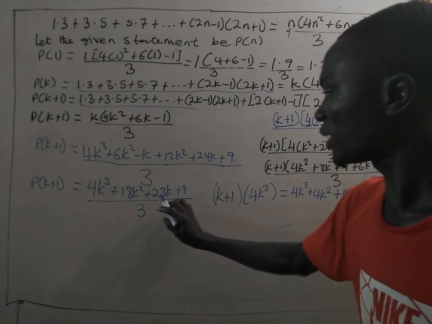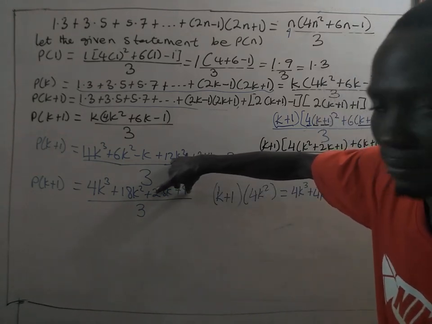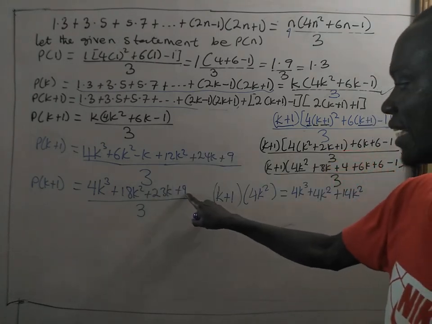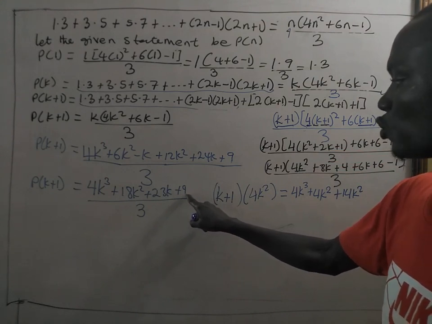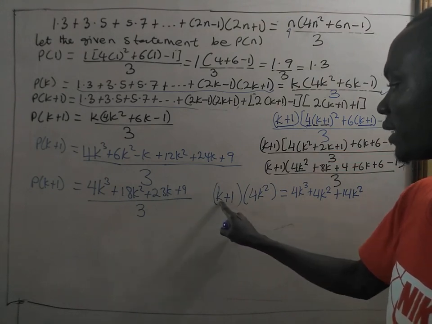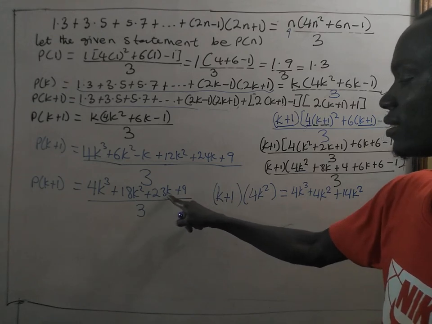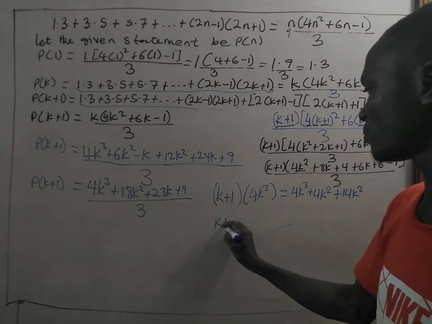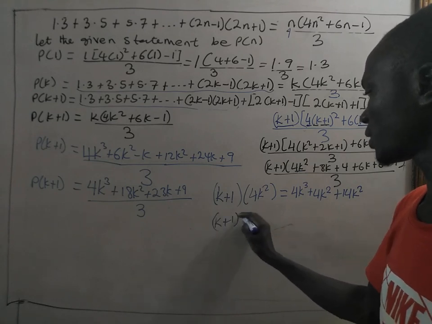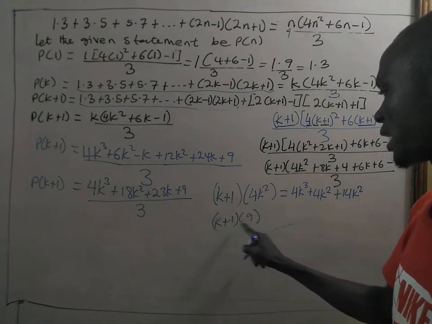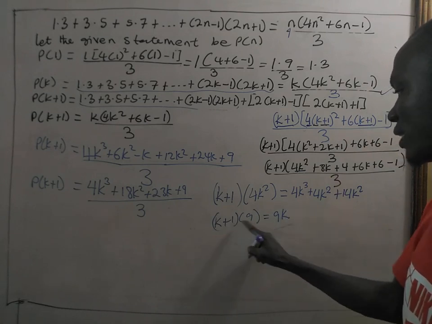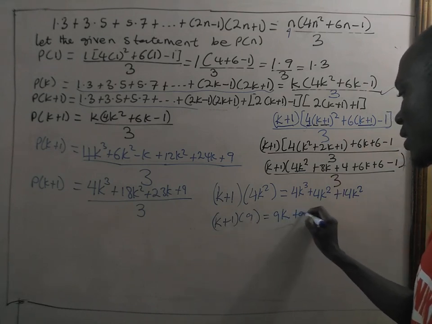Now, how do we get this part? Let's see how we get that part. If we need that part, you see that 9 is a constant term. So if I multiply 9 by k plus 1, I'll get a certain number times k. So let's see. Let's take k plus 1 times 9. K times 9 is 9k. 1 times 9 is 9.